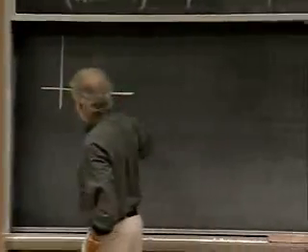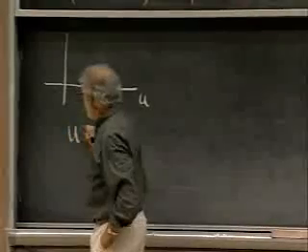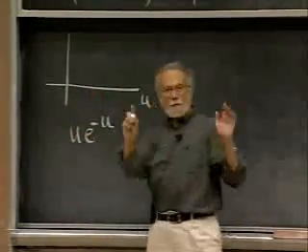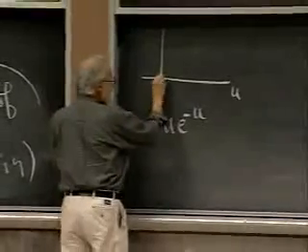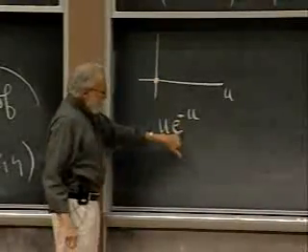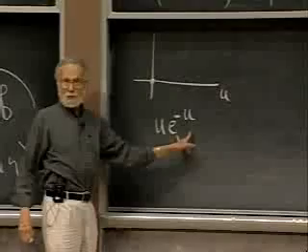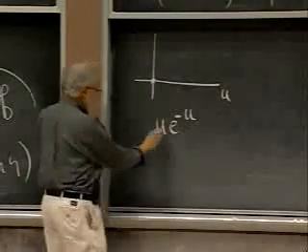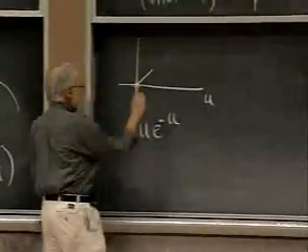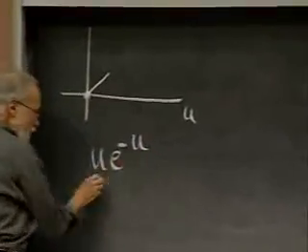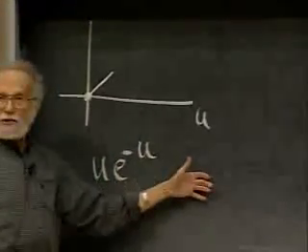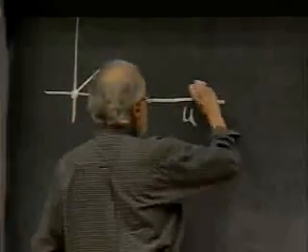Let's use a neutral variable like u and plot u e to the negative u. Okay, 18.01. At 0, it has the value 0. When u is small, e to the negative u has approximately the value 1, and therefore it starts out like the function u. As u goes to infinity, you know by L'Hopital's rule that this goes to 0. So it ends up like this.